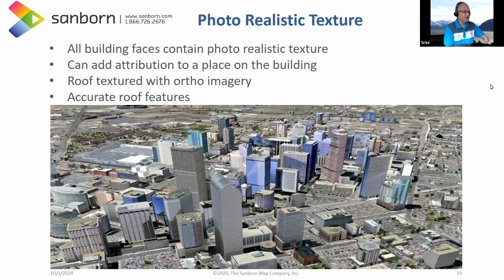So basically we have combined the ortho imagery for the roofs and all. As far as the sides are concerned, we have used the oblique imagery and created a photorealistic texture. And one more important thing here is that each and every building can be attributed, and that way I think you can enhance the value of the product further.